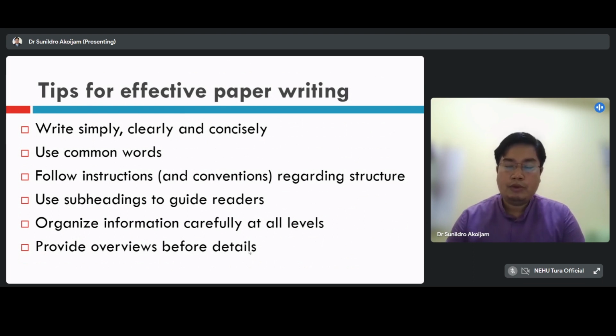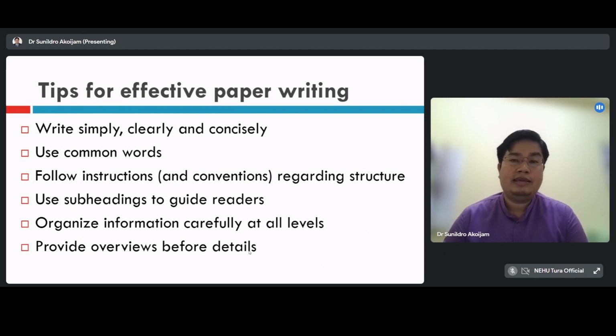When you write a paper in such a manner, it becomes easier for the reader to relate one subsection to a particular section, so it doesn't create any misunderstanding or confusion among the readers.